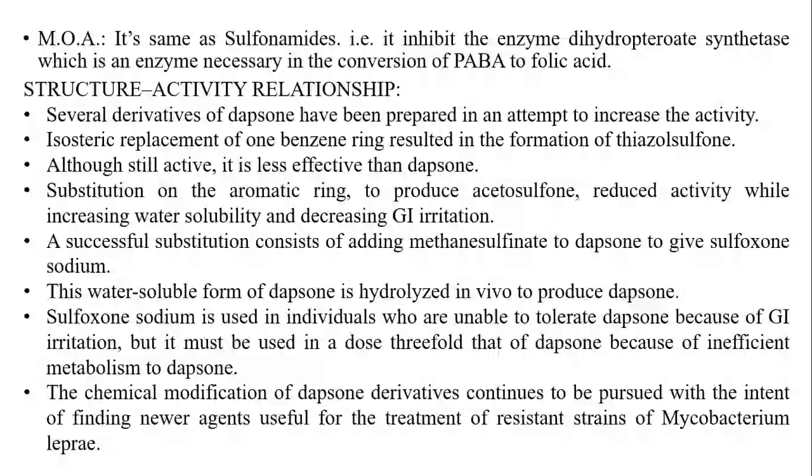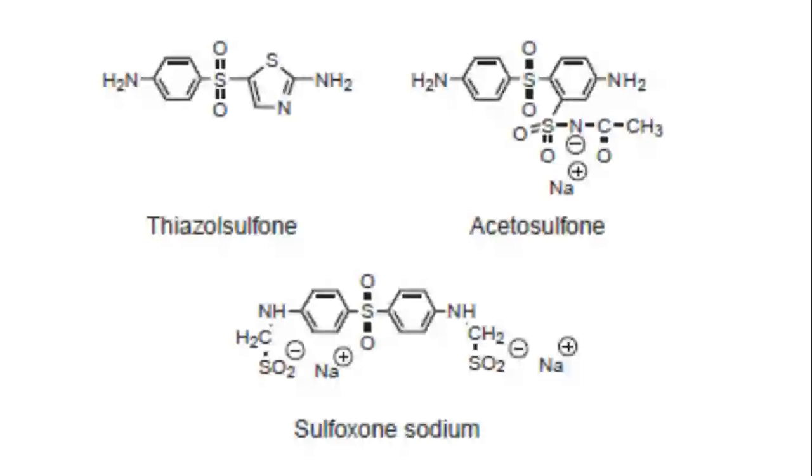The chemical modification of dapsone derivatives continues to be pursued with the intent of finding newer agents useful for the treatment of resistant strains of Mycobacterium leprae. So these are the metabolic products of dapsone.